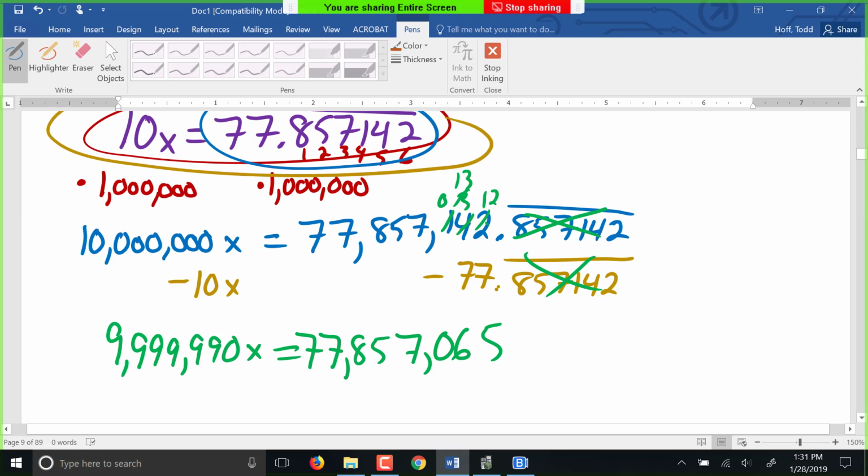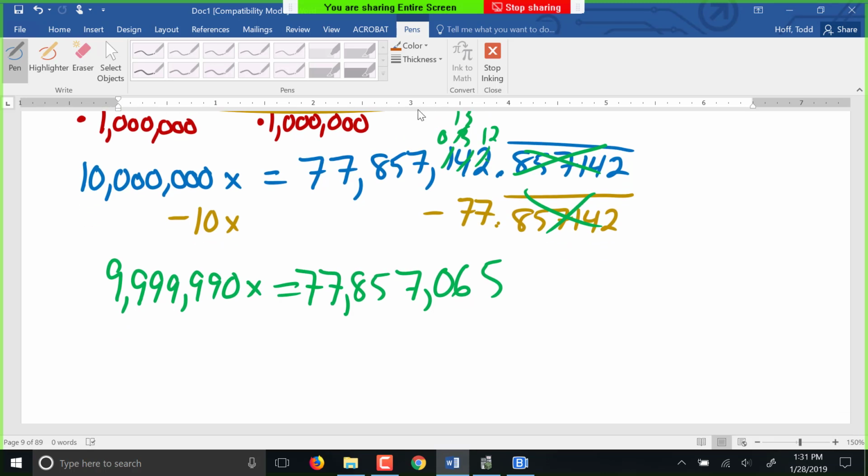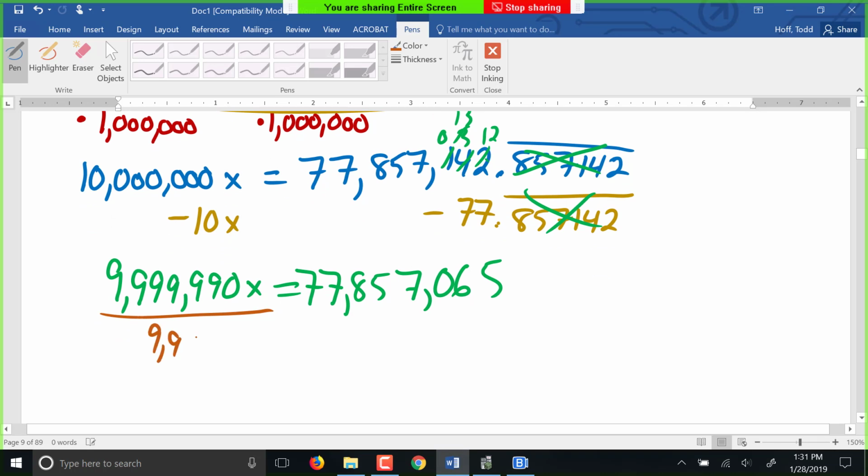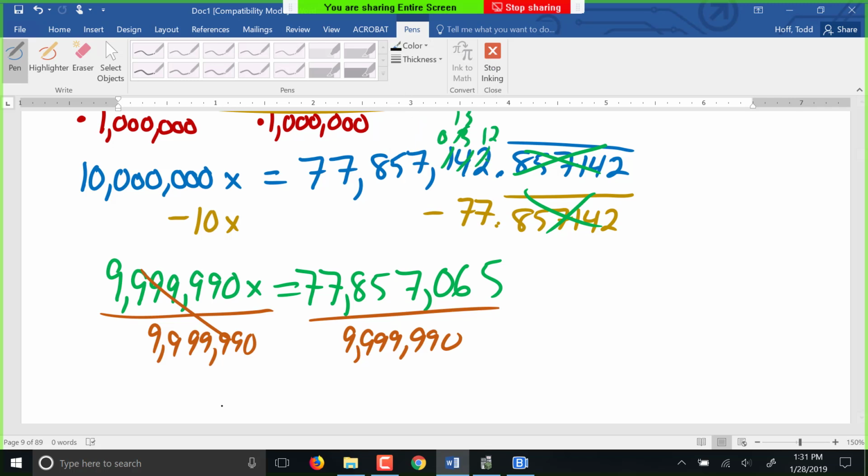Any questions so far? I realize I picked a horrible example to do here. I apologize. But we can still do it. It's not a huge issue. We divide by the 9,999,990. X equals, this fraction here can be reduced.